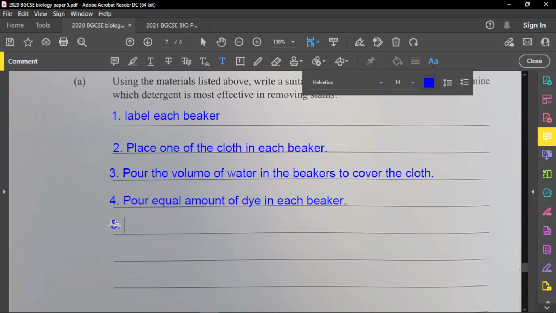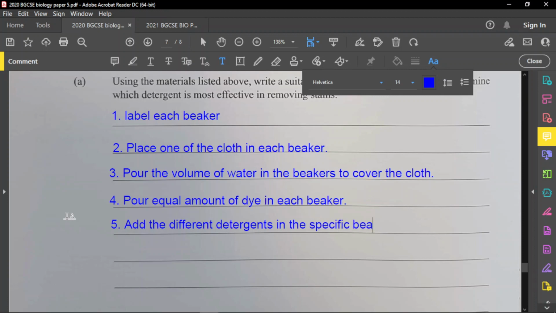All right, so the 5th thing I want to do now is to add the different detergents in the respective beakers.